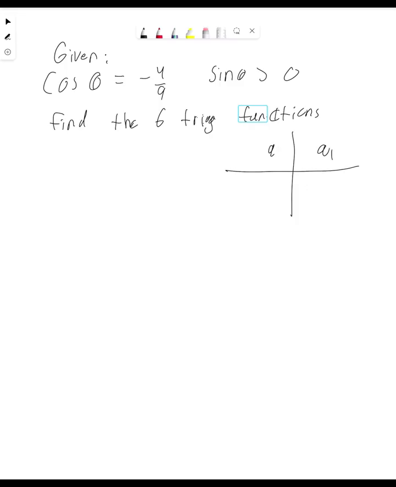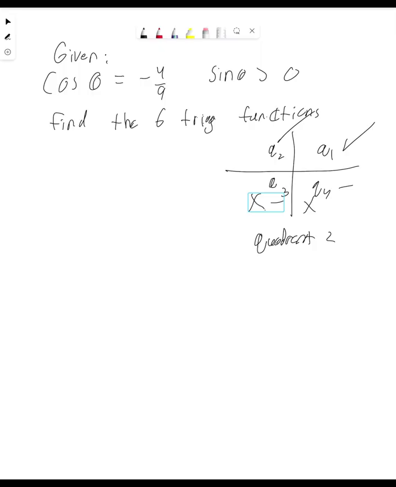Sine is greater than 0 in the first quadrant, because sine is y values. So quadrant 1, quadrant 2, quadrant 3, and quadrant 4. Negative, negative, so these are x. We can just get rid of these. These are possibilities. But cosine and sine are both positive in quadrant 1. So that means the only other quadrant we have is quadrant 2. So right away we know we're in quadrant 2.